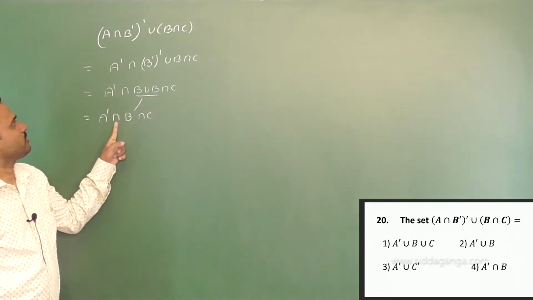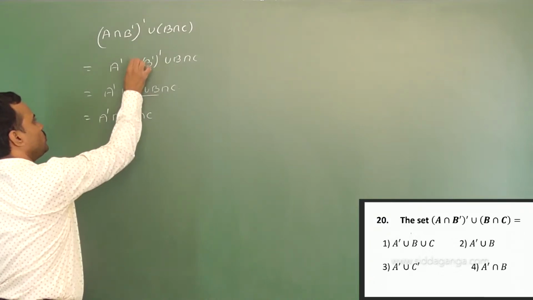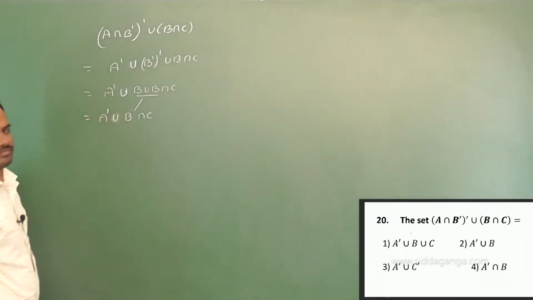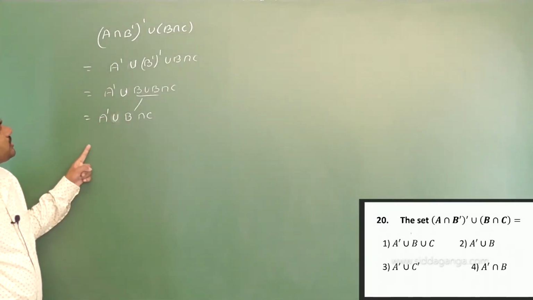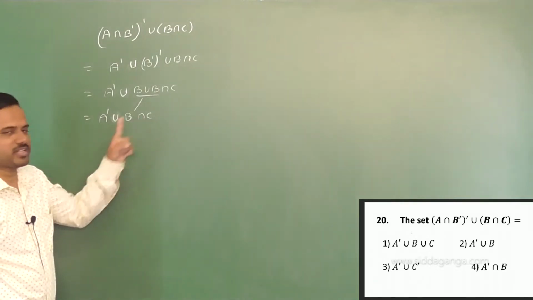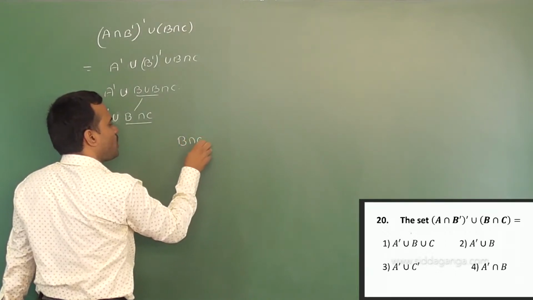Here, by De Morgan's law, the intersection becomes a union. So A dash union B intersection C. B intersection C means common elements.